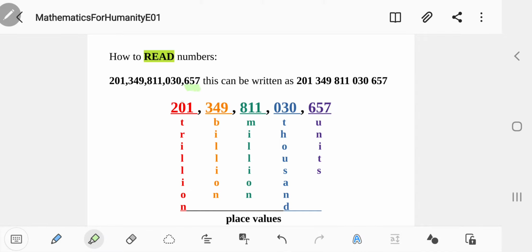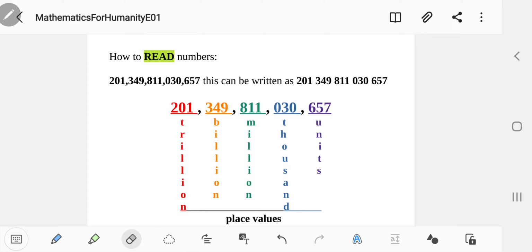So you go in this direction to separate the numbers by 3. Or if you don't want the comma, you can also separate the numbers with a space here. So that's how you write large numbers. You separate it by a comma or a space.